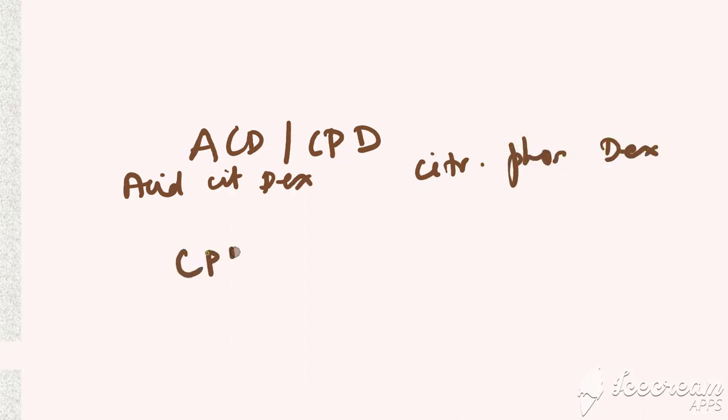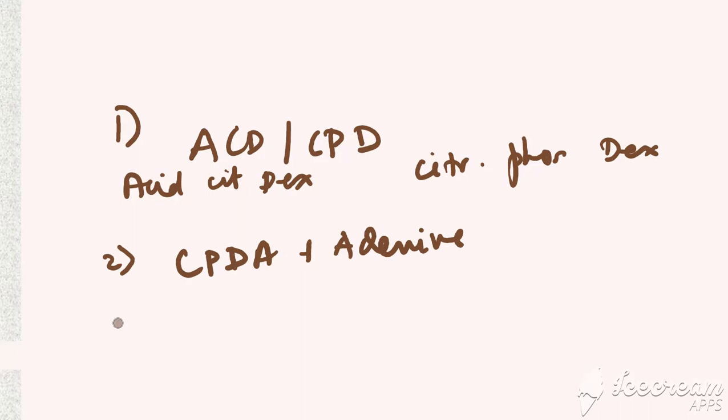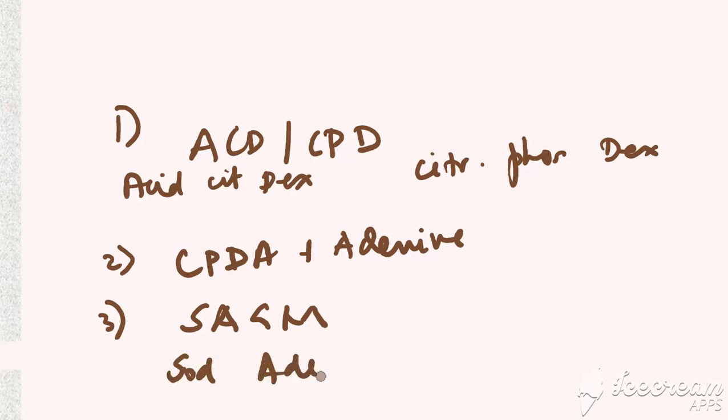Then you have something called CPDA, same thing together with adenine. Then you have something called SAGM, saline adenine glucose mannitol. So you have three different anticoagulants: ACD or CPD, CPDA and SAGM.